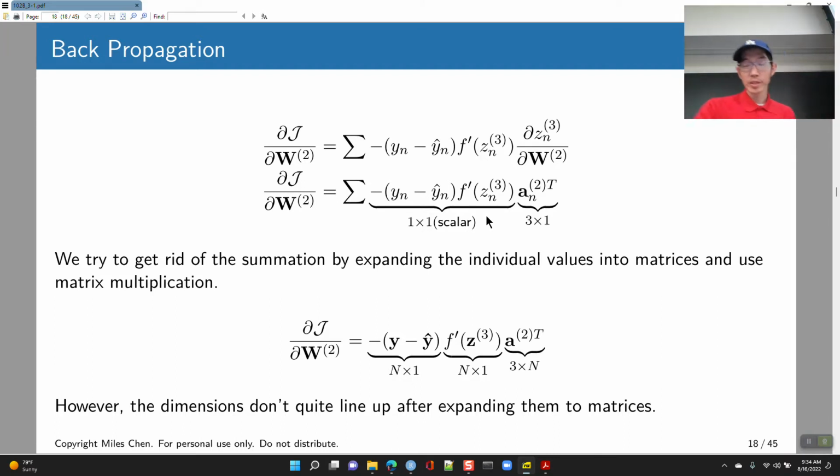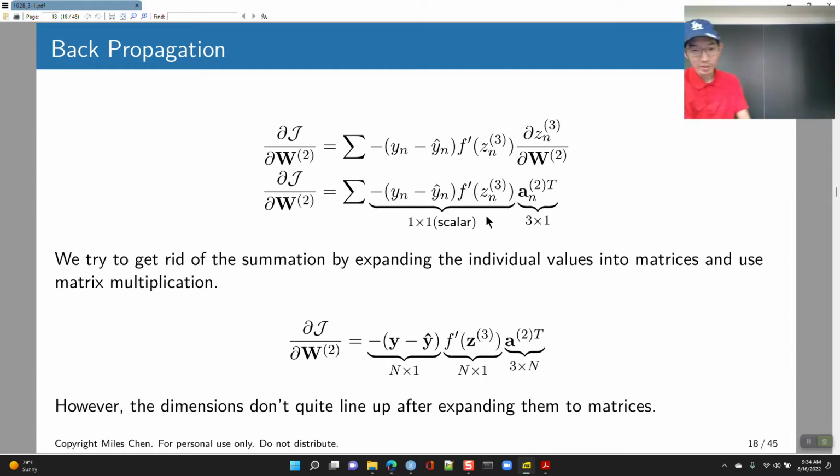So, for example, right now I've got A2 transpose. Let me just double check what A2 looks like.